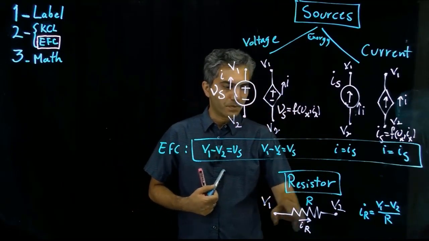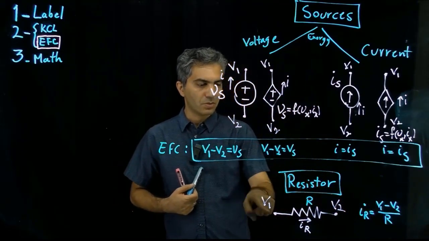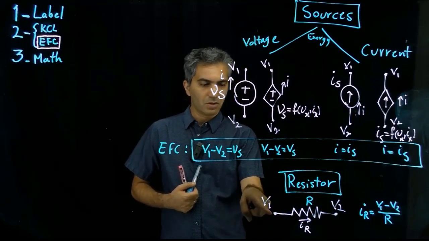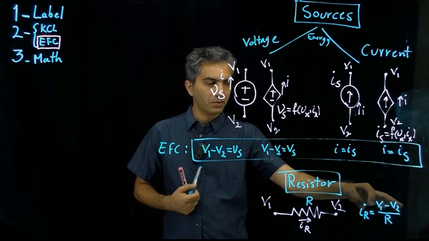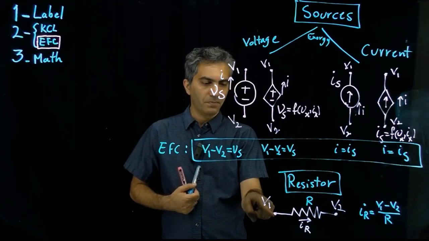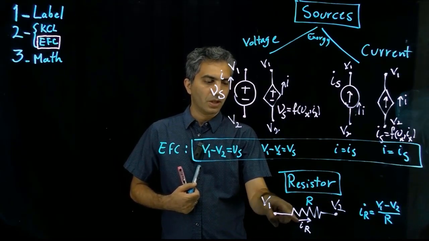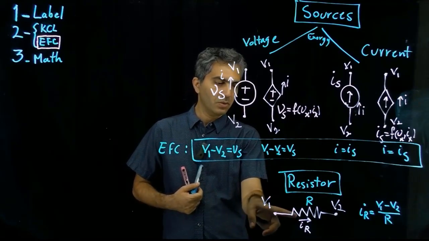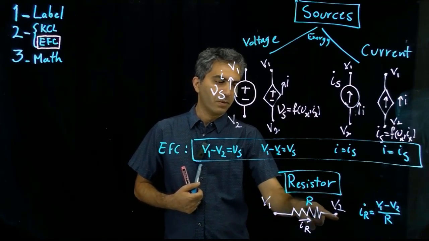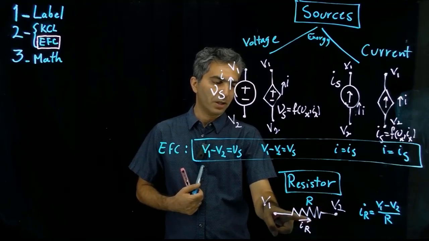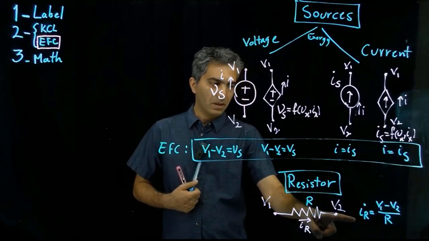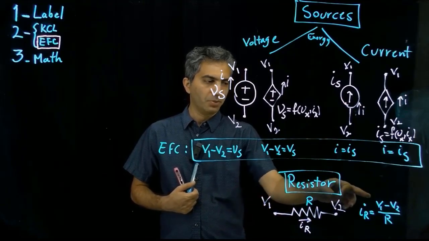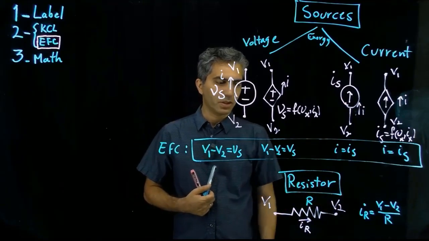Now, to just make sure that you see how the convention goes, and this is obviously just a convention, when you're taking a voltage difference, you start from the node where the current is coming into, and subtract it from the node where the current is coming out of. In other words, current goes from the higher potential toward the lower potential.